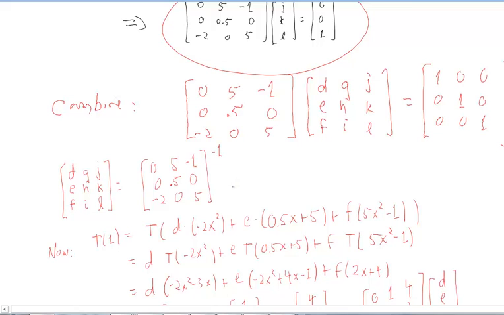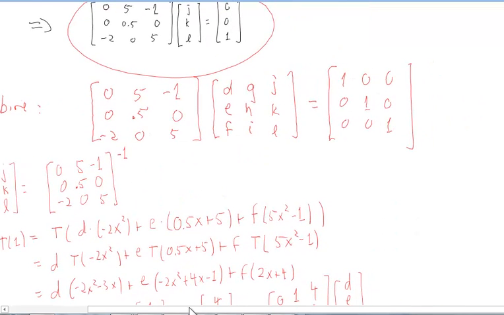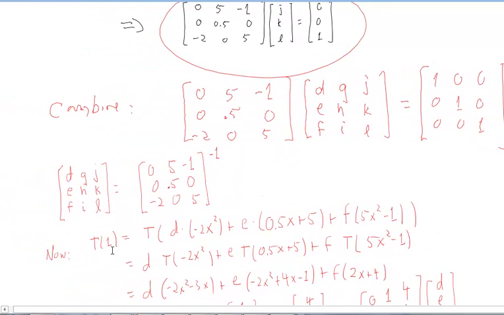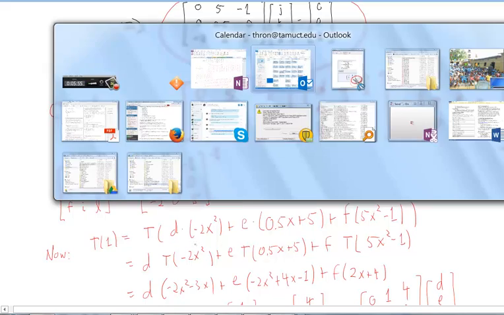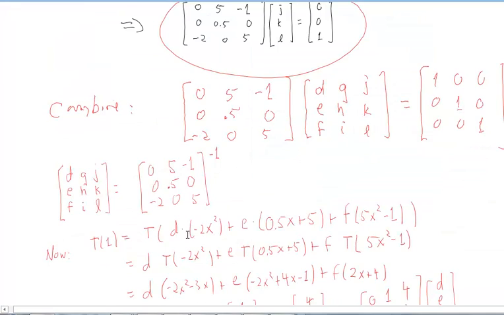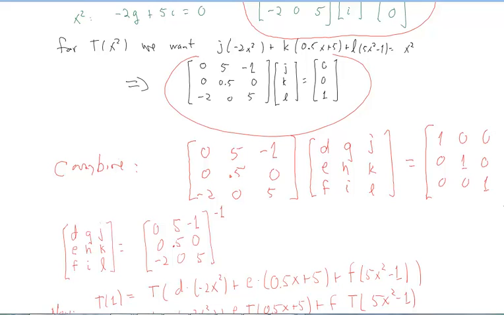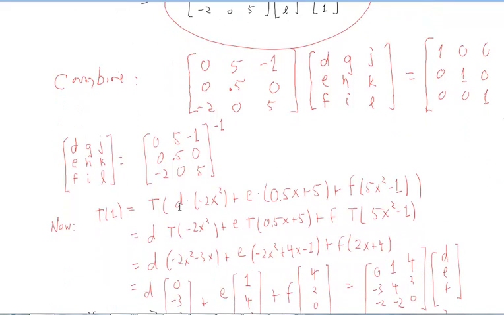At this point I didn't follow up correctly, so now I'm going to follow up correctly. All right, now let's get back to the original problem. The original problem was to find T of 1, T of x, and T of x squared. Now I know that the polynomial 1 is a linear combination of these three polynomials, and the coefficients are D, E, and F. So T of 1 is T of D times this polynomial plus E times this polynomial plus F times this polynomial.